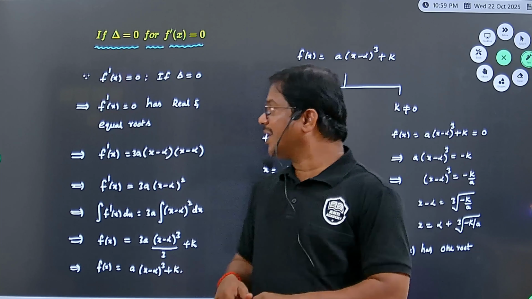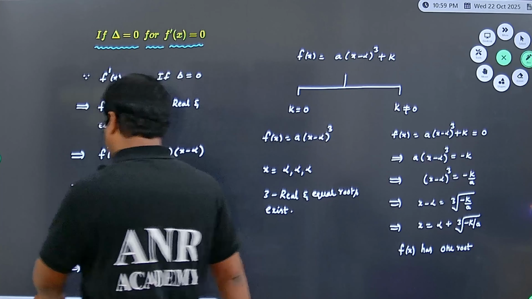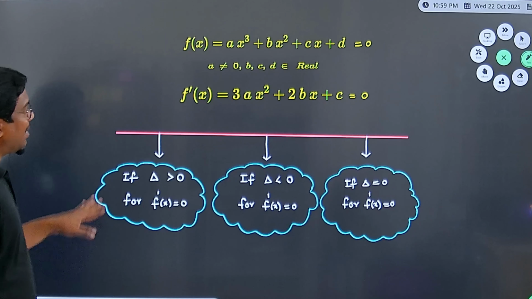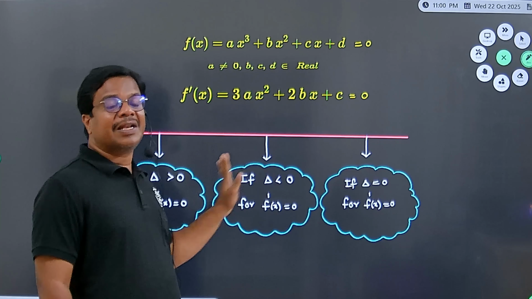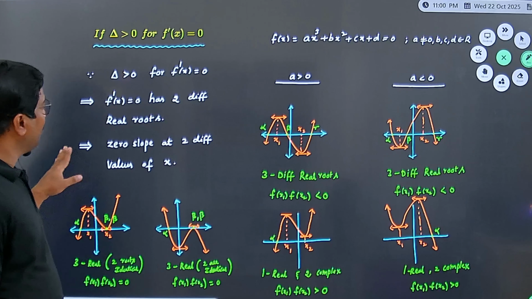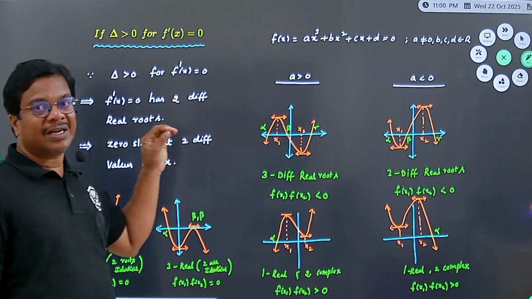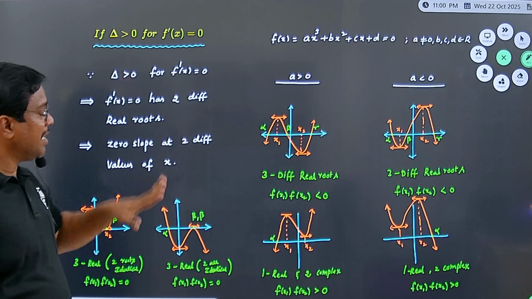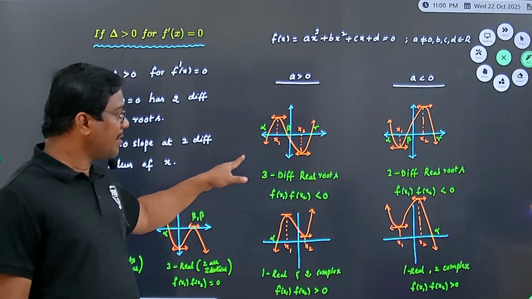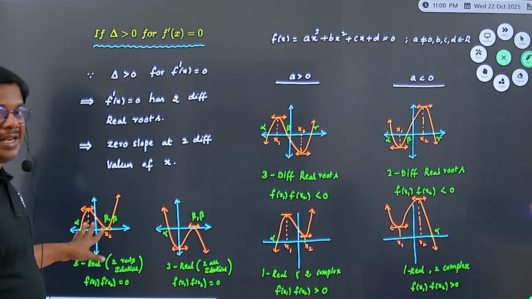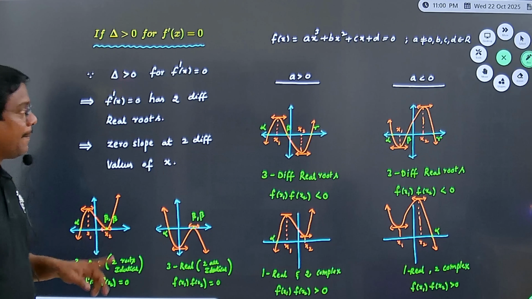Remember, after applying the derivative, you got f dash of x, and f dash of x equal to 0 has 3 different cases, and in each case you have different roots. When delta is more than 0, 3 cases arise: maybe 3 different real roots, 1 real root, or 3 real roots in which 2 are identical.